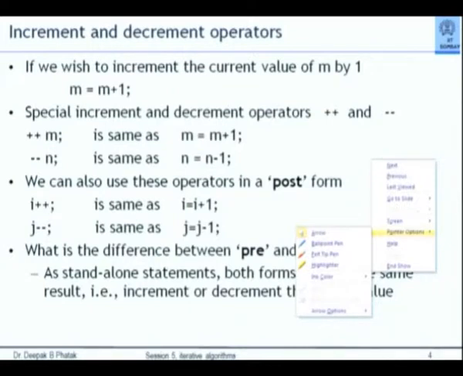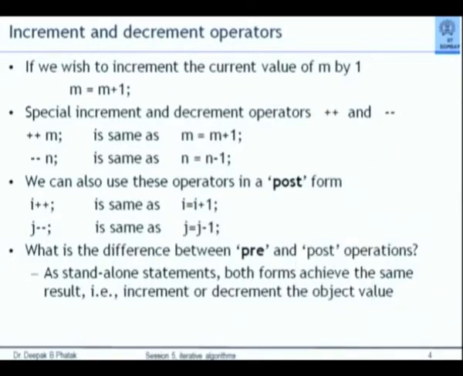So as you can see here, as standalone statements, if you just use this statement semicolon, this is exactly what it means. There is absolutely no difference. However, there is a difference because these operators can also appear in a larger expression.